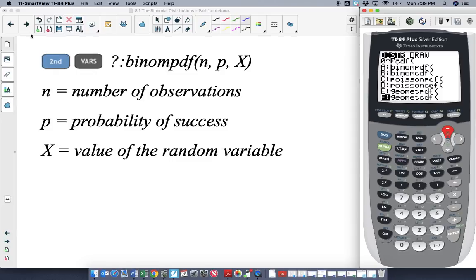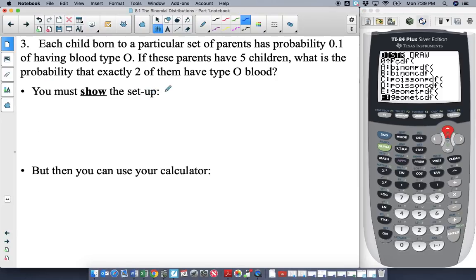Okay, so let's try one. Number 3: each child born to a particular set of parents has a probability of 0.1 of having blood type O. If these parents have 5 children, what is the probability that exactly 2 of them have type O blood?